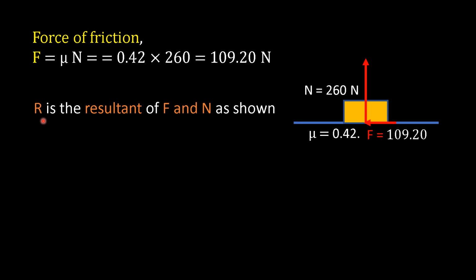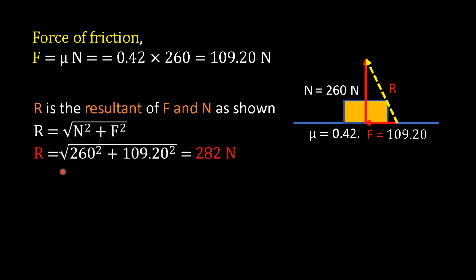Next we will find R from the values of F and N. So it will be this vector R. From the Pythagoras theorem, we get R equals under root N squared plus F squared, which will be 282 Newton. So our resultant force is 282 Newton.